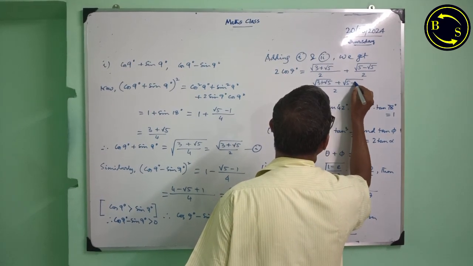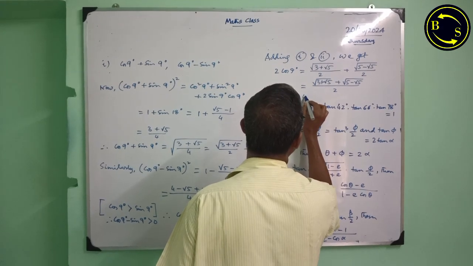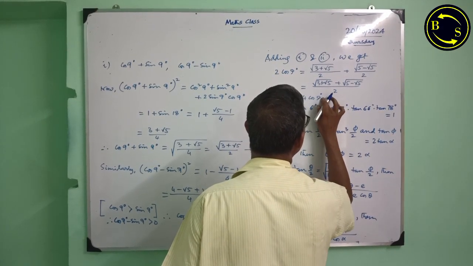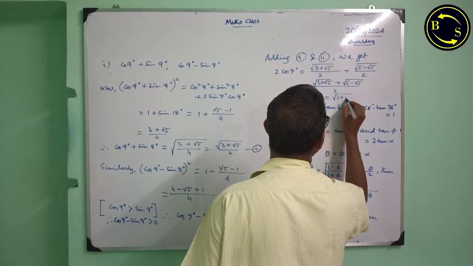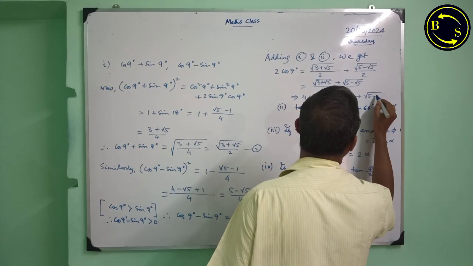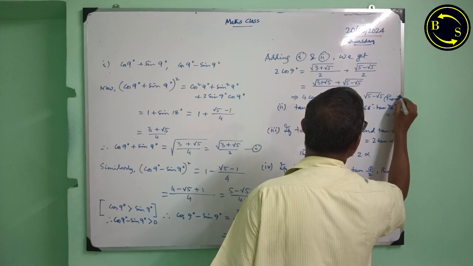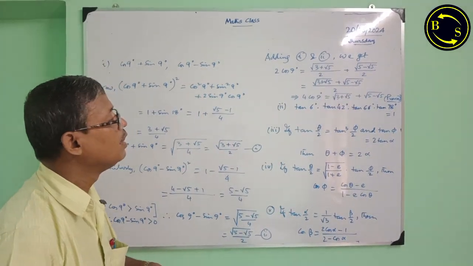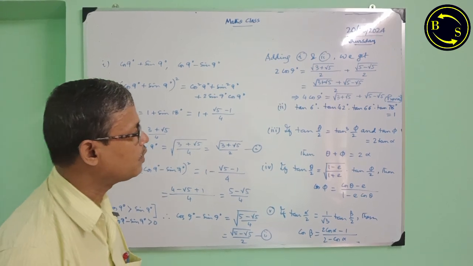From that we get 4 cos 9 degree is equal to under square root 3 plus root 5 plus under square root 5 minus root 5. We got the result: 4 cos 9 degree equal to under square root 3 plus root 5 plus under square root 5 minus root 5.